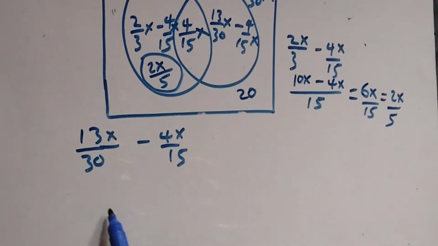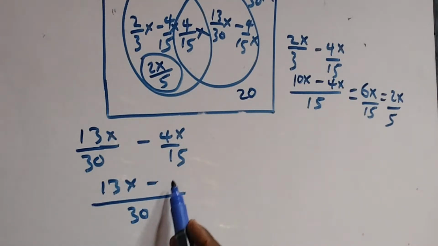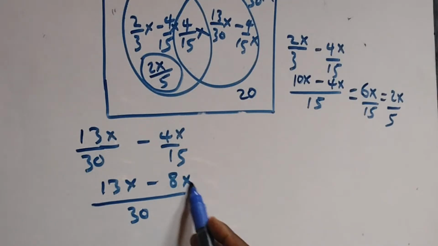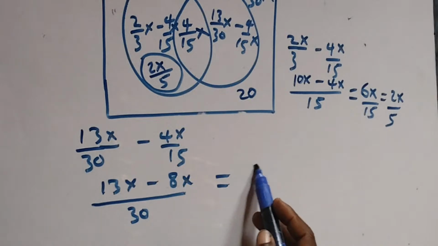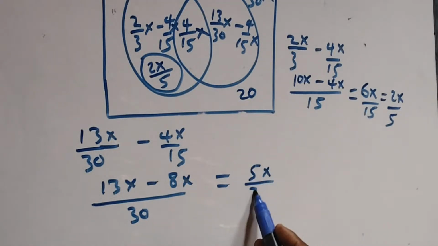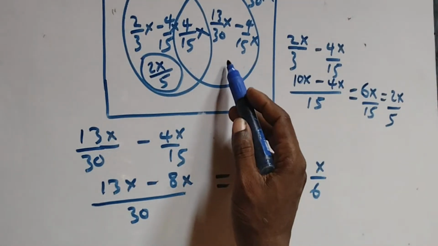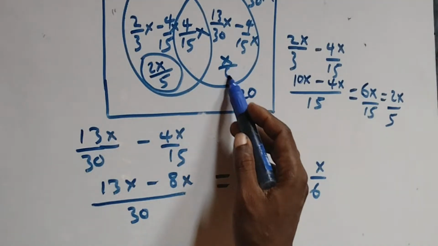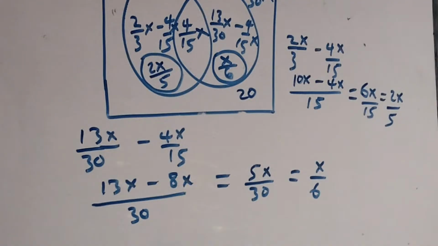We have LCM here 30. 30 goes into 30, 1 times 13x, 13x. 15 goes into 30, 2 times 4x, 8x. Subtract 13x minus 8x, that gives us 5x over 30. And 5 goes into it, that's x over 6. It means those people that travel by air alone, that's x over 6.